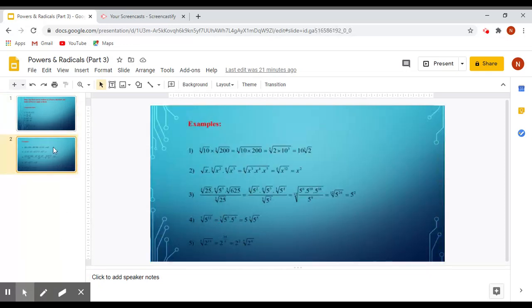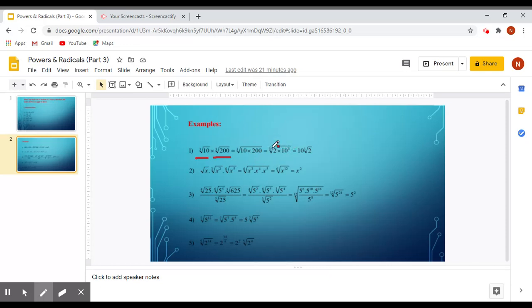Now we have examples on multiplication. We have the cube root of 10 times the cube root of 200. We can put it under one big cube root of 10 times 200. We can rewrite this as 2 times 10 to the 3.